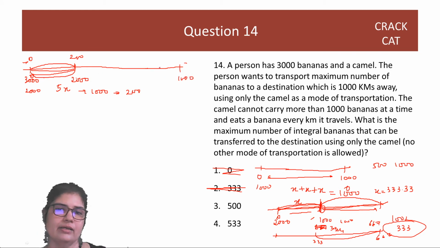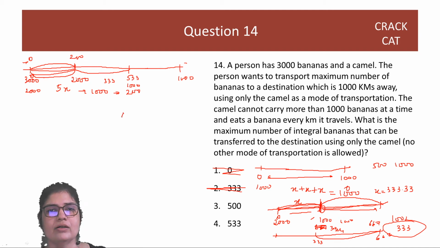Now only 800 is left. From here we know what to do, right? From here he will move another 333 to reach 533, and here you will have only 1000. So from here, when you start your final leg, the camel will eat 467 bananas, and he will be able to deposit 533 right at the end. So your answer is 533.